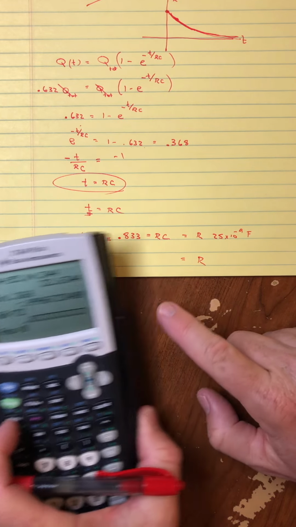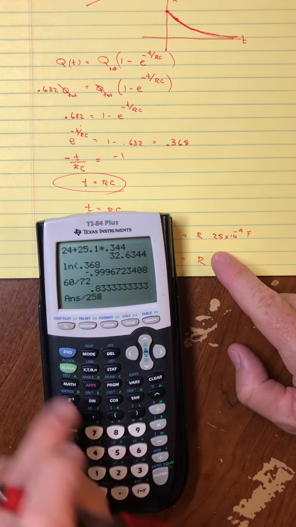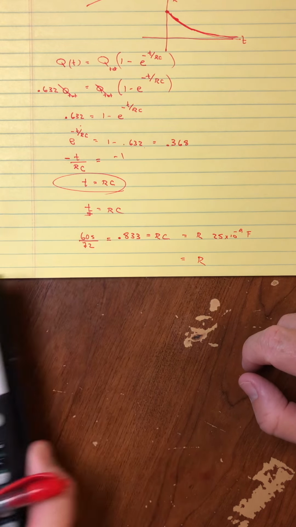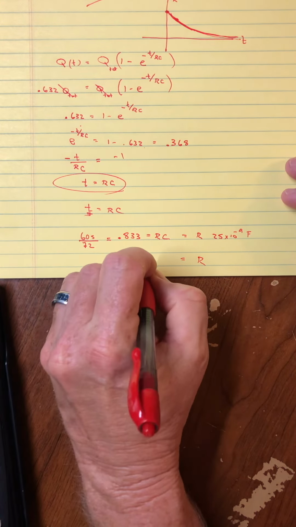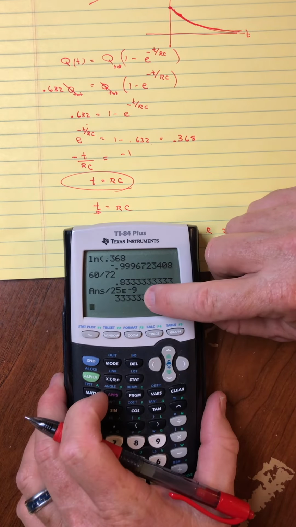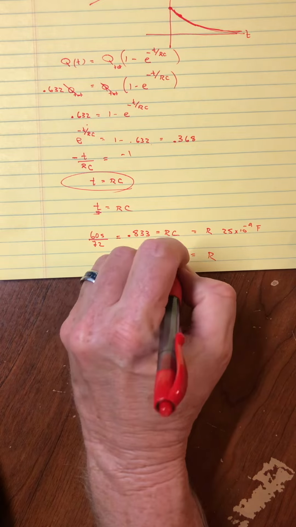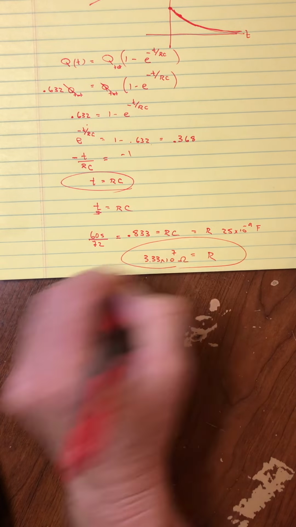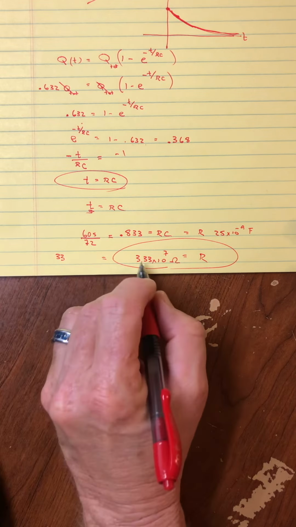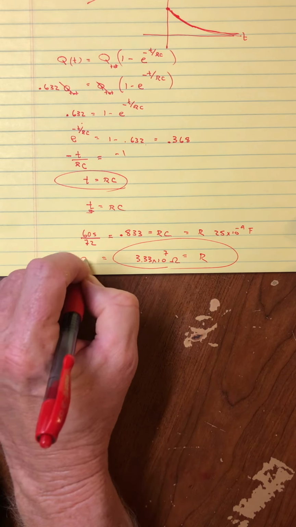So 0.833 divided by the 25 nano comes out to be 3.33 times 10 to the 7 ohms, which maybe I will write as 33 mega ohms.